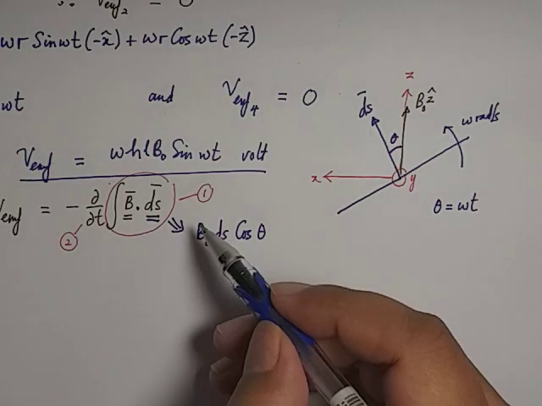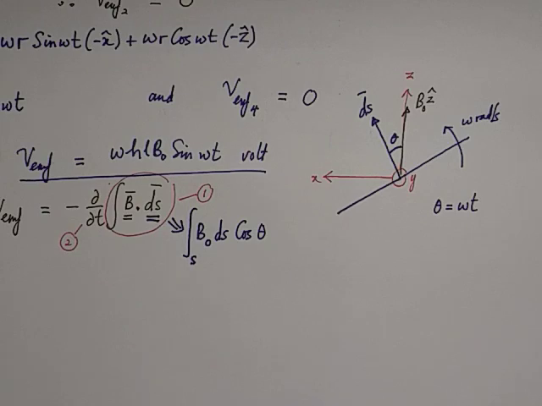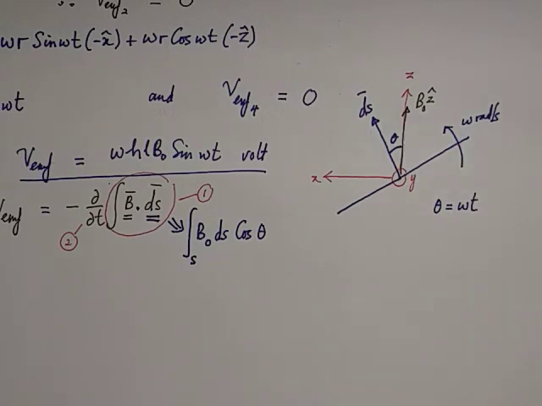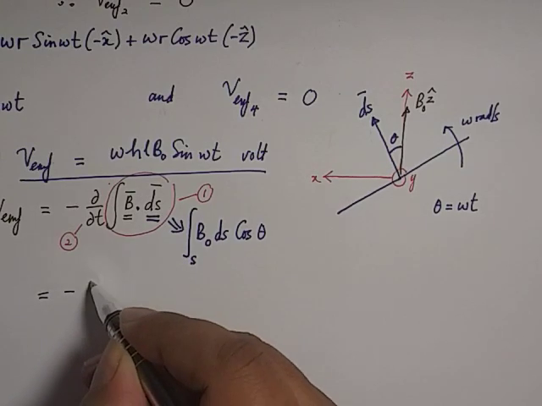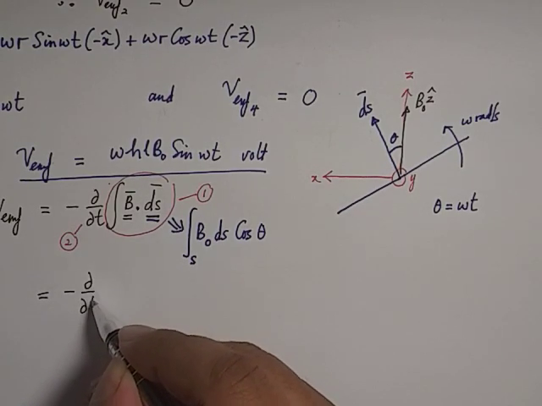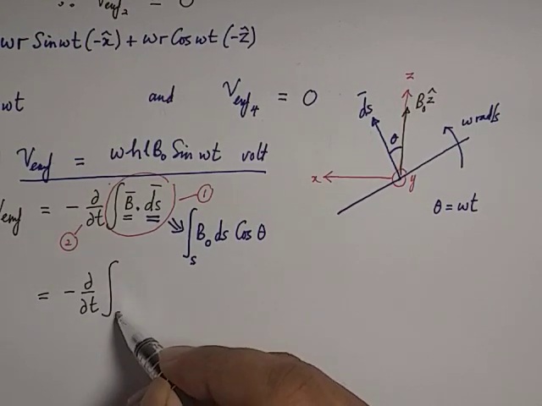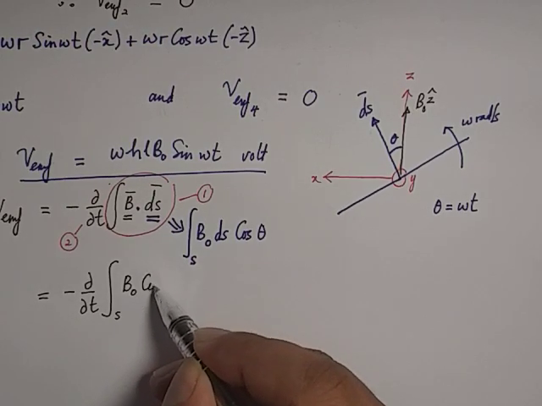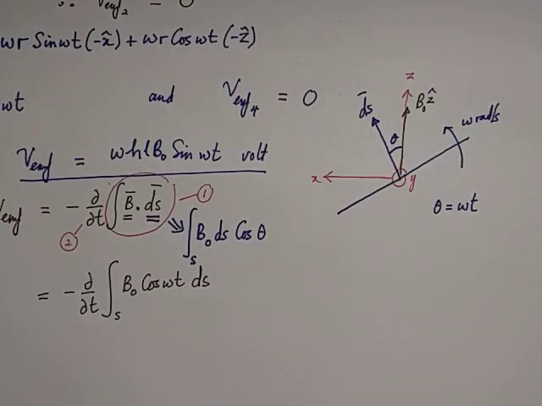So now I have to integrate with respect to s. So mathematically, this is going to be equal to negative d over dt, and I have to integrate B naught cos omega t ds.